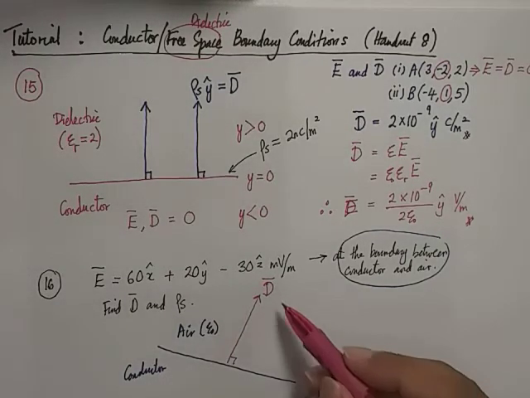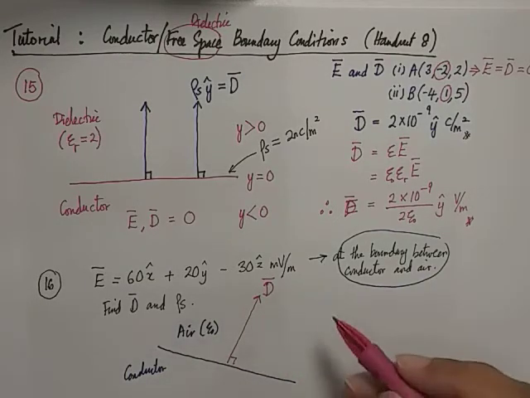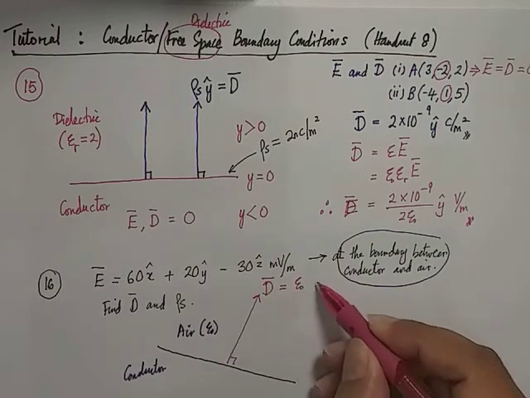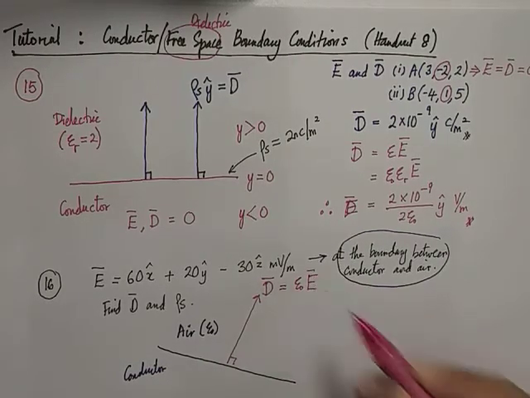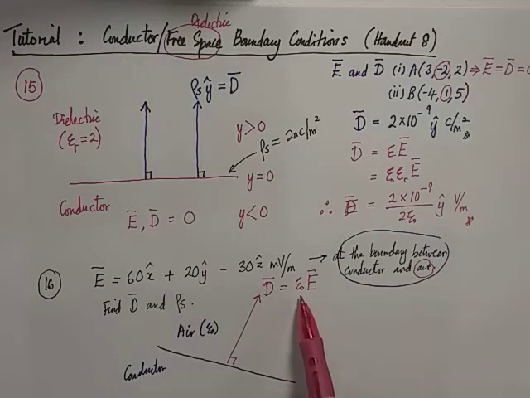So the D is in this particular configuration, and we know D should be equal to epsilon naught multiplied with E. Why? Because for air, the epsilon must be represented with epsilon naught.